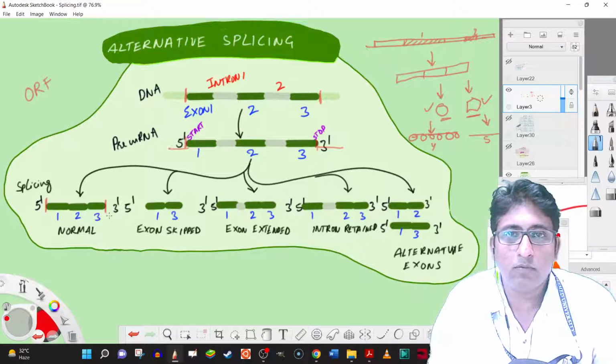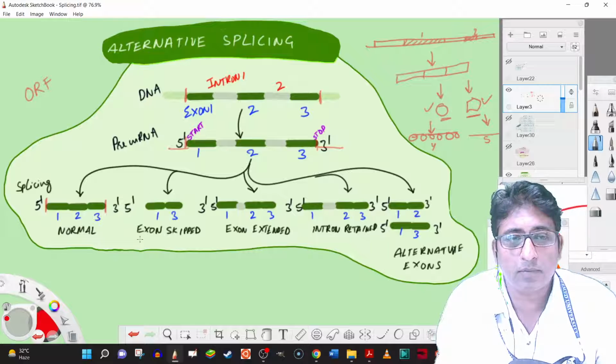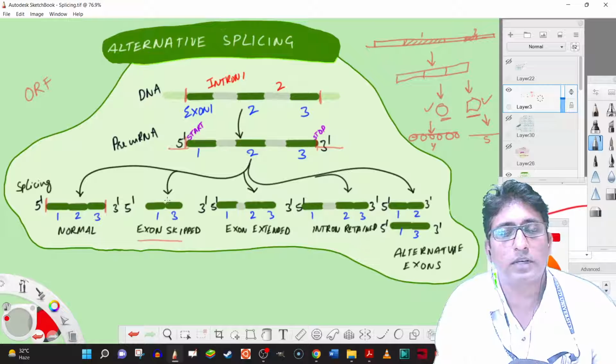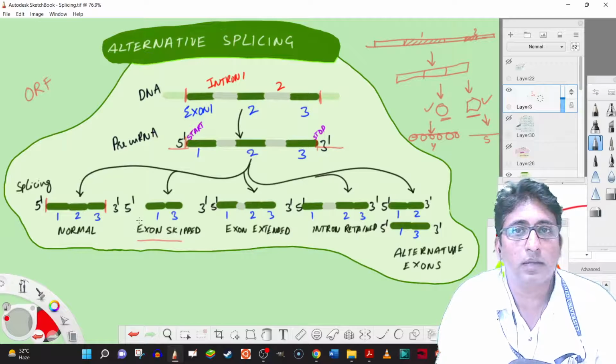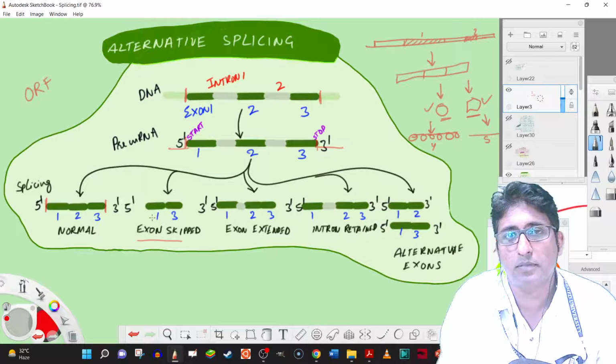So now we can have in some cases the whole exon 2 skipped, and only exon 1 and exon 3 are spliced together, and that's where we have a different mRNA, which upon being translated will produce a different protein.